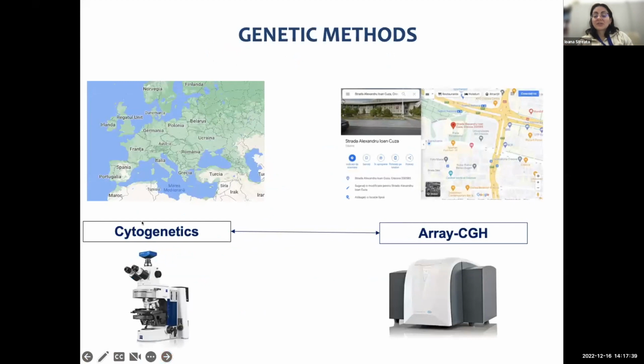As I've mentioned, the genetic causes that can produce a neuromuscular disease can be some of them very big in dimension, but some of them very small.